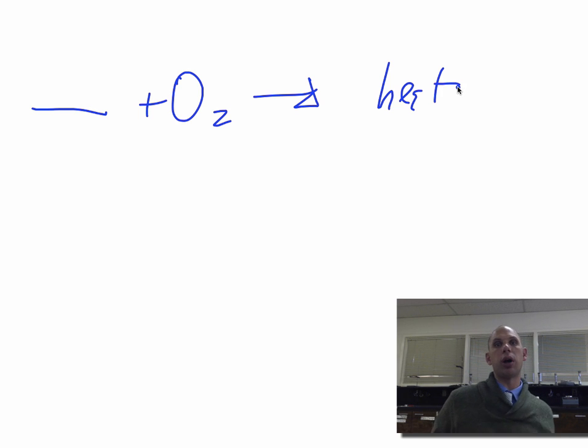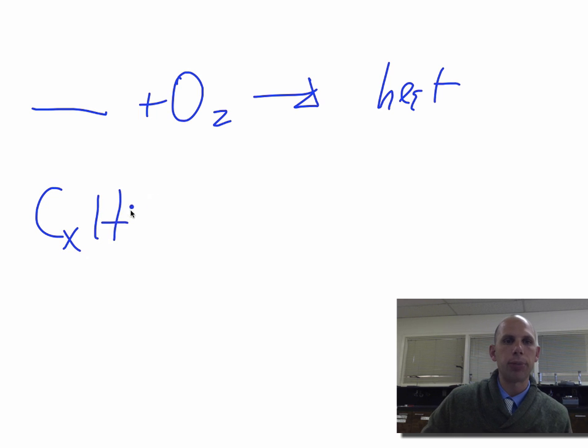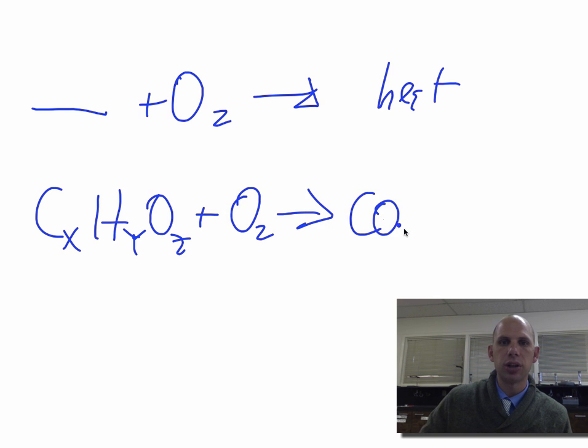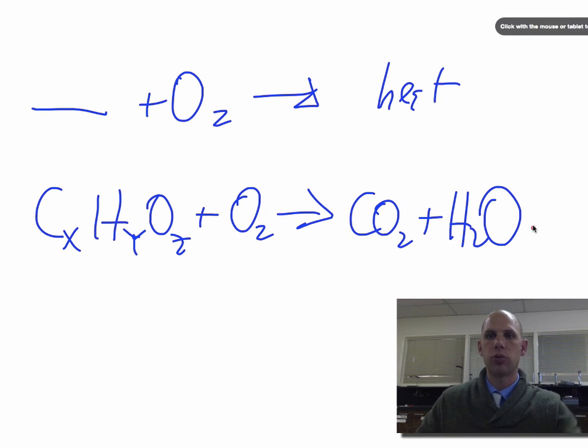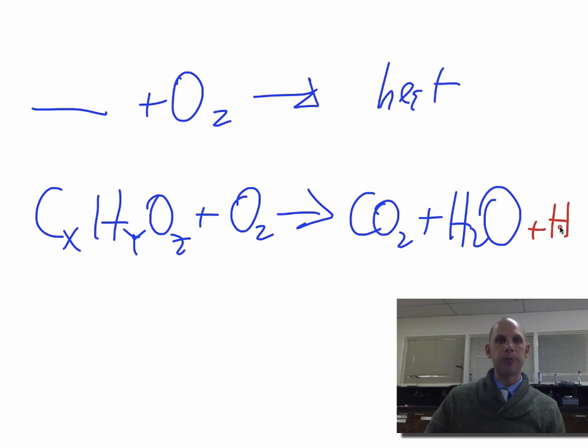That's really what's going on in a combustion reaction. Combustion of hydrocarbons always is some carbon, some hydrogen, and sometimes oxygen with O2 going to CO2 plus H2O, okay, plus heat, and I'm going to do that in red. We'll do plus heat in this case.